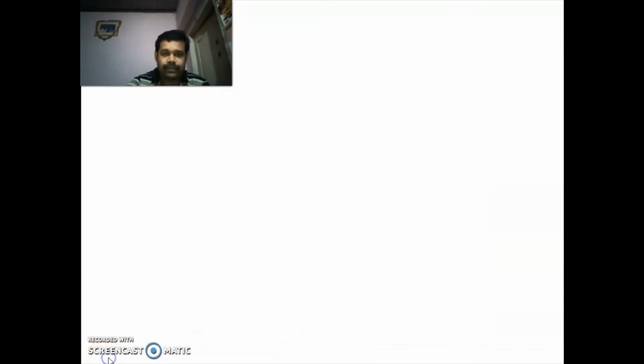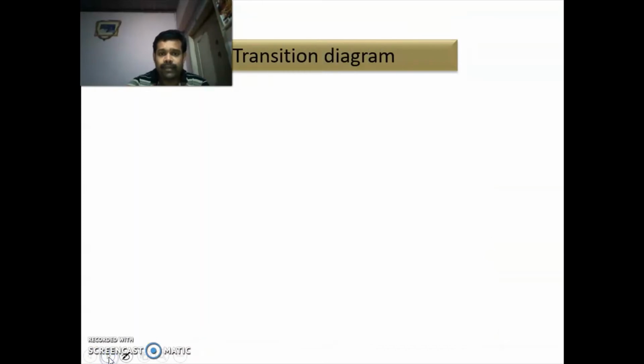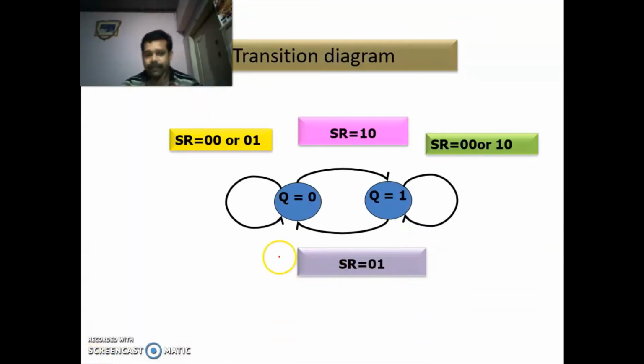Okay. Now we are going for the transition diagram. So this is the state Q is equal to 0, and this is when Q is equal to 1. When S R is 0 0 and 0 1, and when Q is 0, it will remain in the same state.